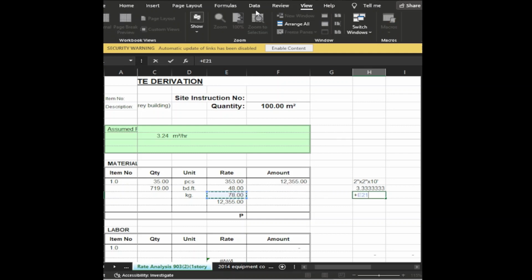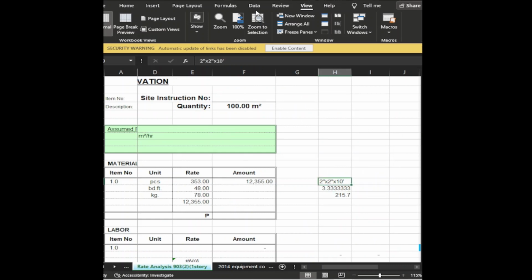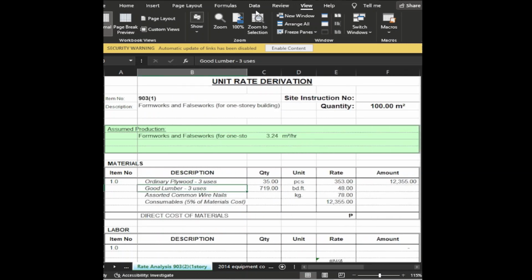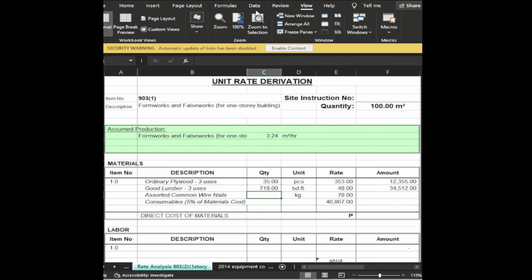So if you divide 719 over this one, you have 216 pieces of 2 by 2 lumber. So you are going to compute that one if you need a detail from here. It's up to you what sizes you are going to use for the good lumber. So the amount of this one is 48 times 719, so it's 34,000.